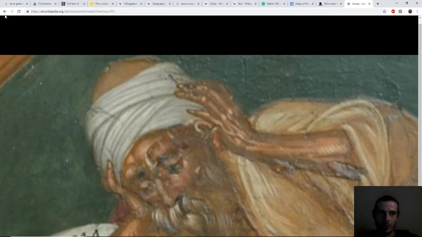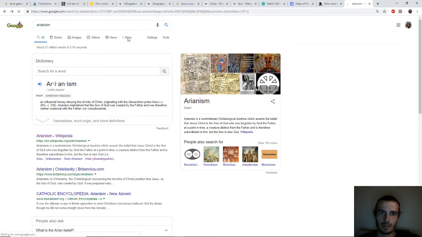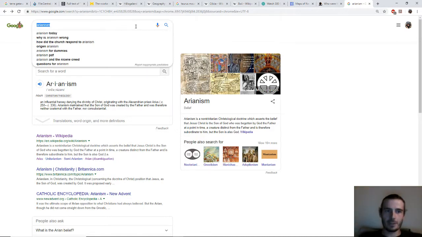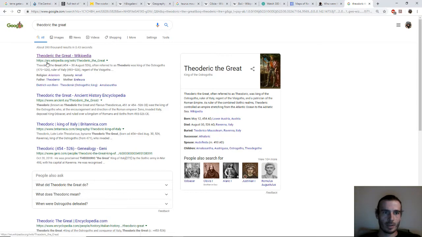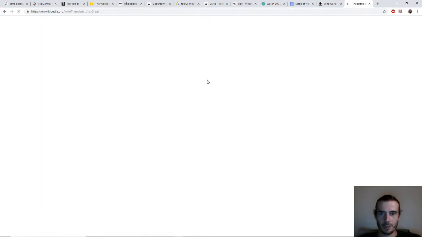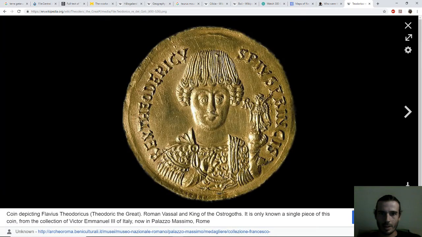Another individual was the Goth Theodoric the Great. If you look at his medallion, see how the hair is pointing straight upwards?